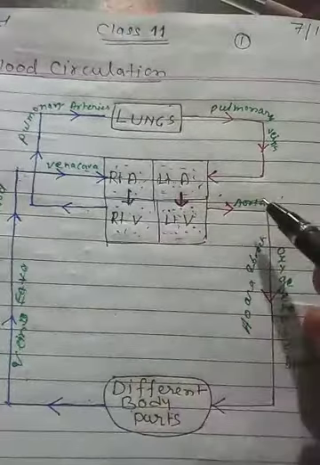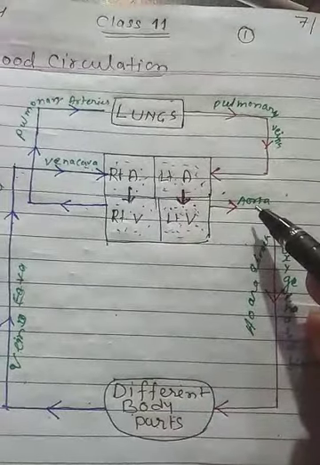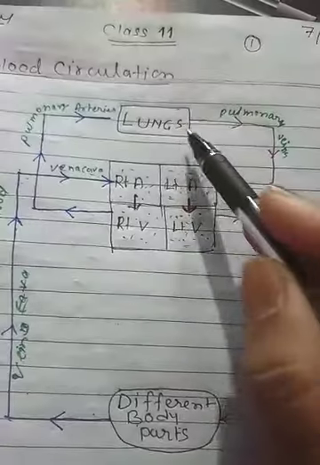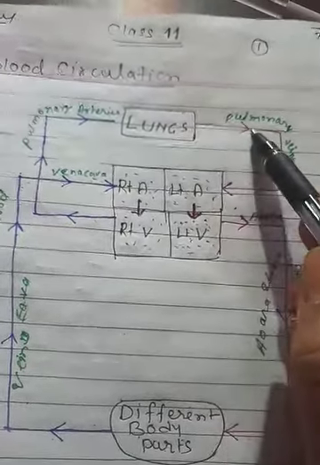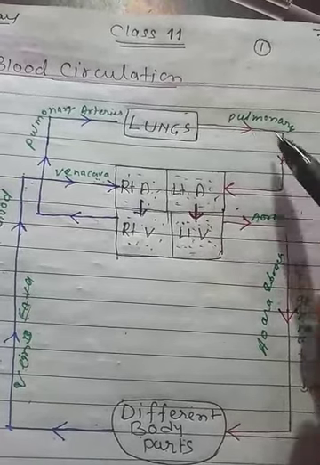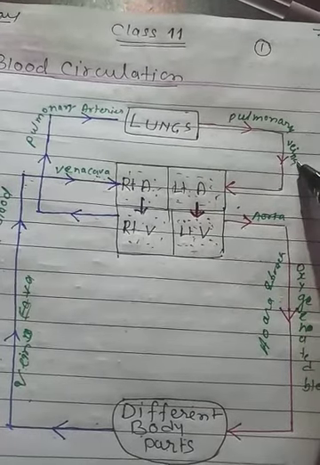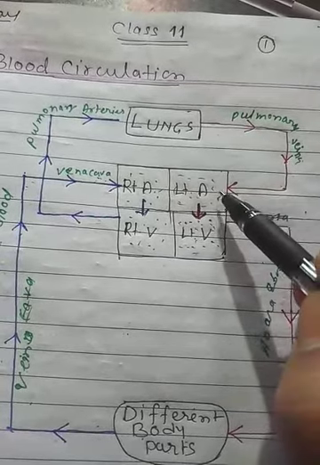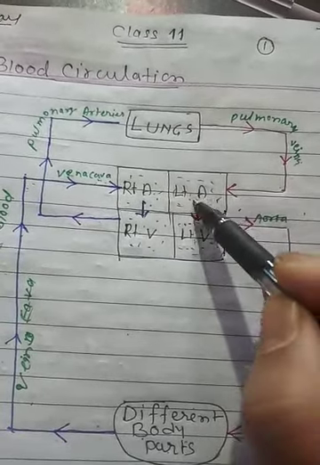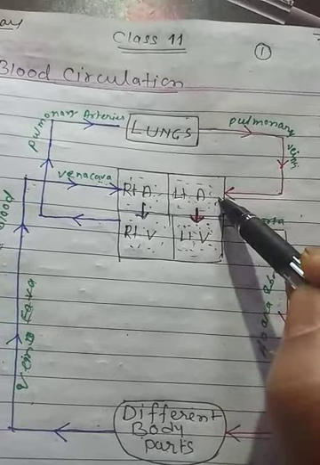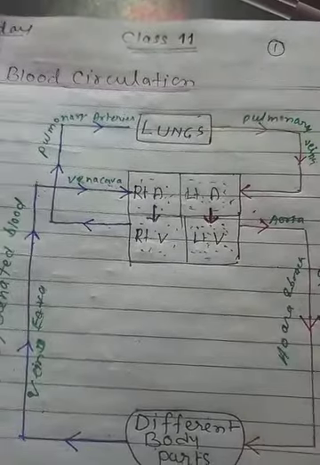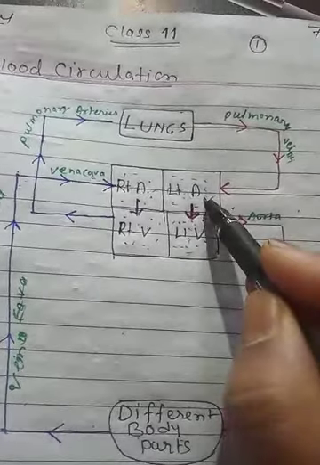At the same time, from the lungs, oxygenated blood returns through pulmonary veins to left auricle.